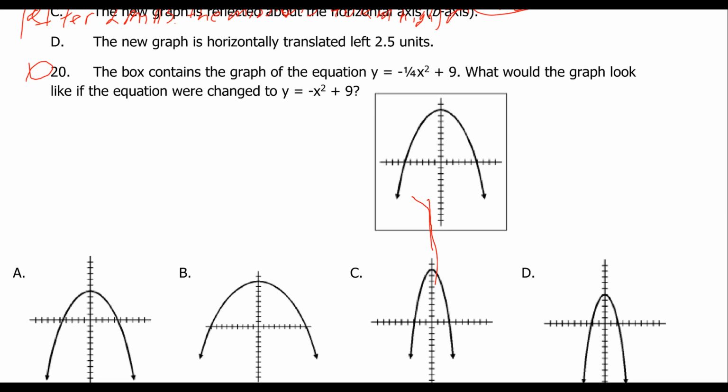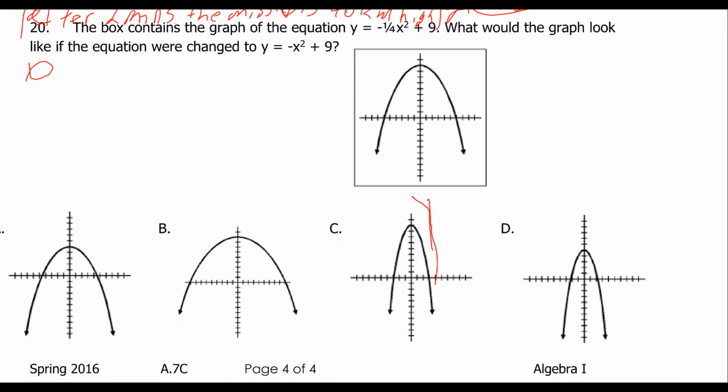Alright, so let's see. What are our options? Well, we were going from here, and that's what's in here. So what would the graph look like if we changed it to this?